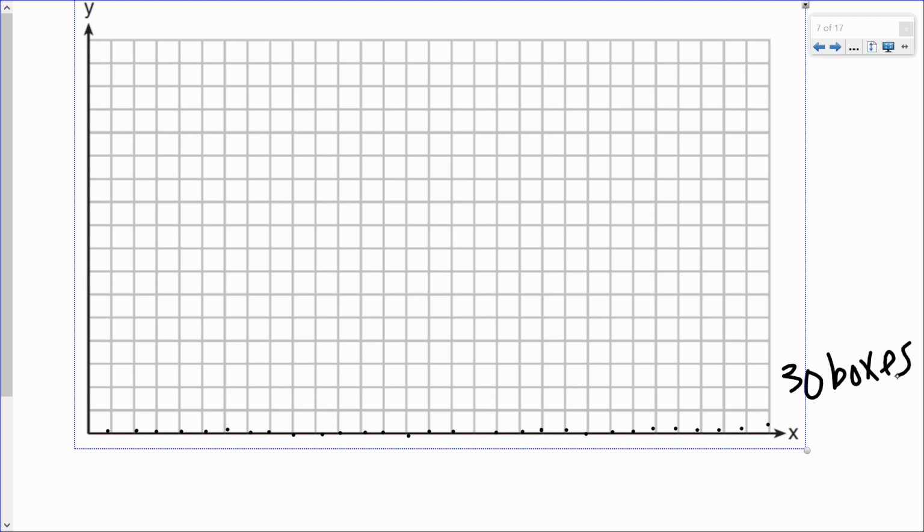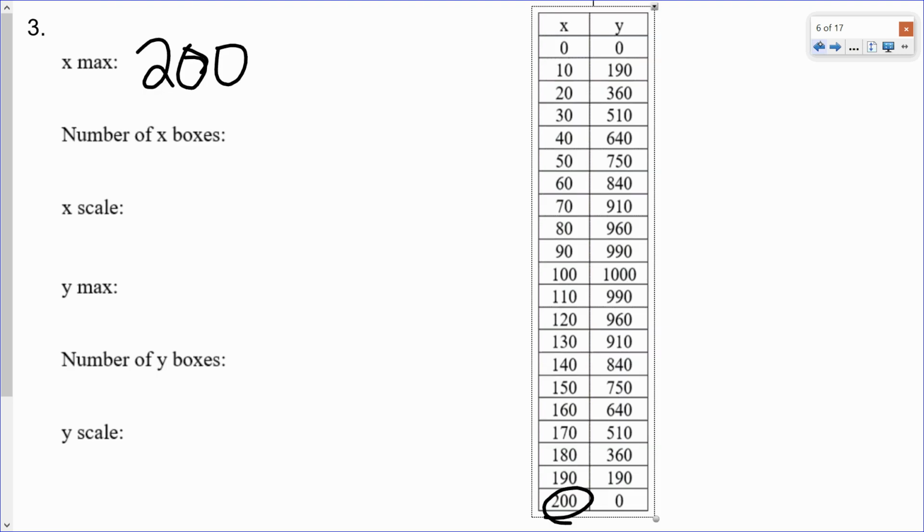And for the Y's, while I'm counting, 1, 2, 3, 4, 5, 6, 7, 8, 9, 10, 11, 12, 13, 14, 15, 16, 17. Again, it's not going to always be the same number of X boxes and Y boxes, and the scale does not need to be the same for the X's and for the Y's.